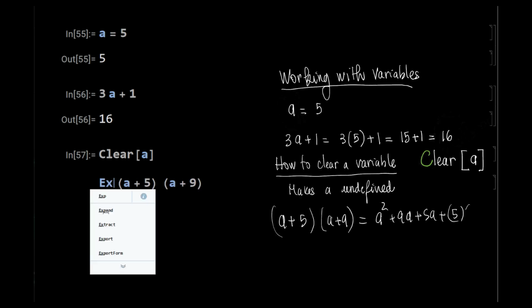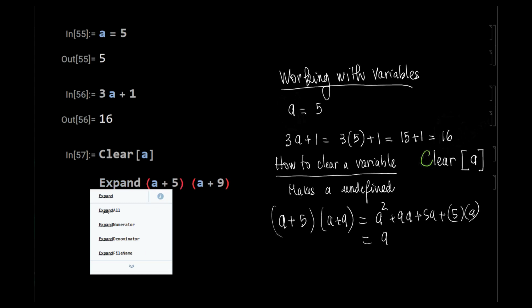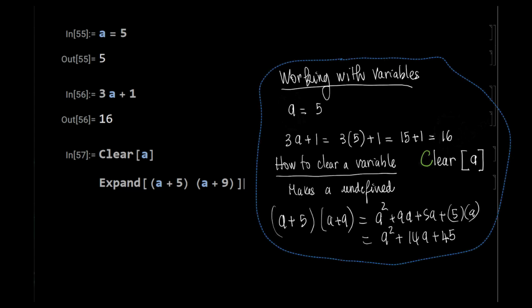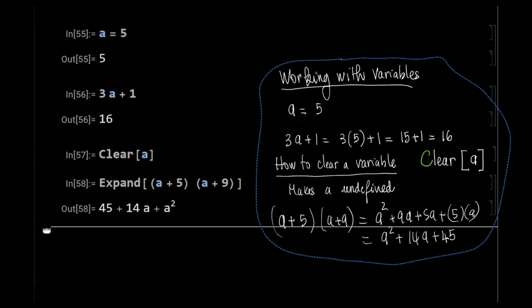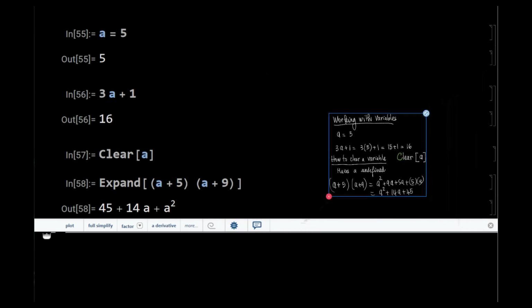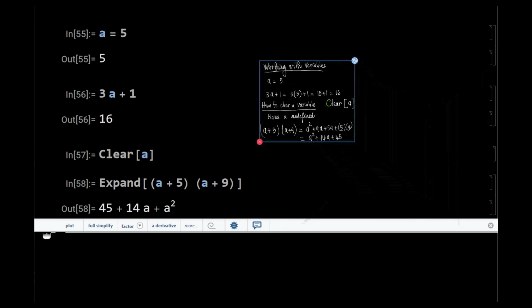I will insert this expression inside a function called Expand, as shown on the screen. Then again, you press Shift Enter, or you press Enter on your numeric pad. Okay, Mathematica returns 45 plus 14a plus a squared. And you can check by hand whether this is actually accurate or not.